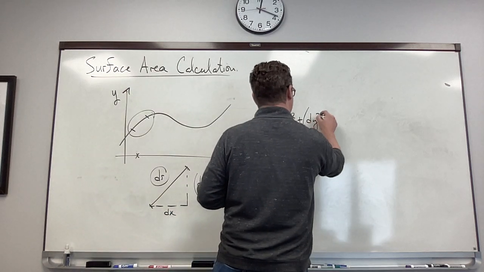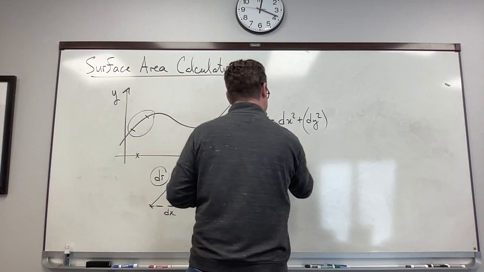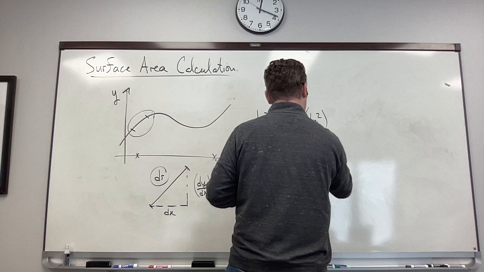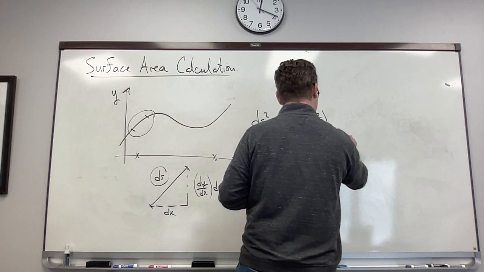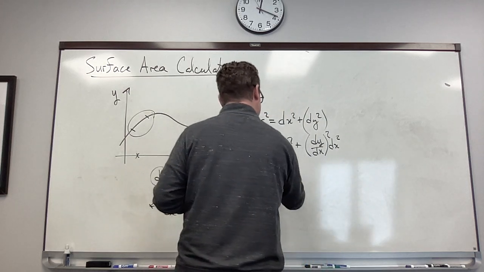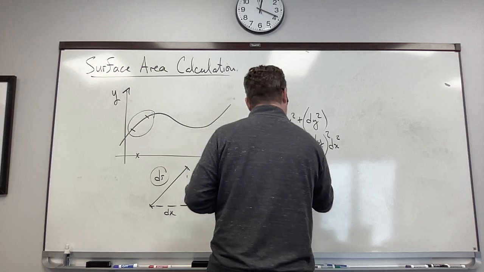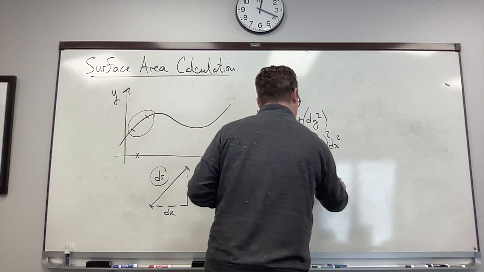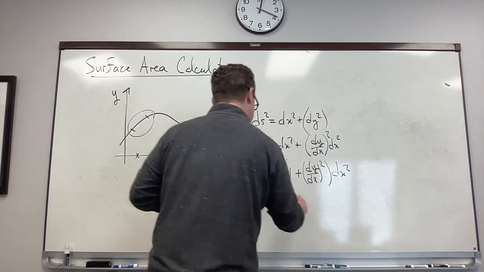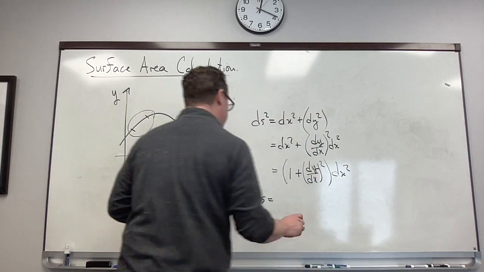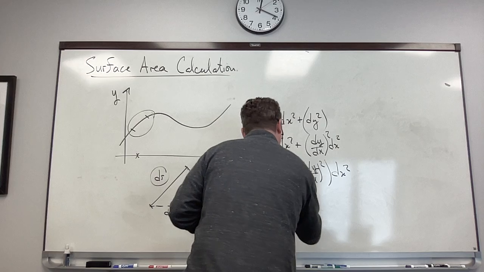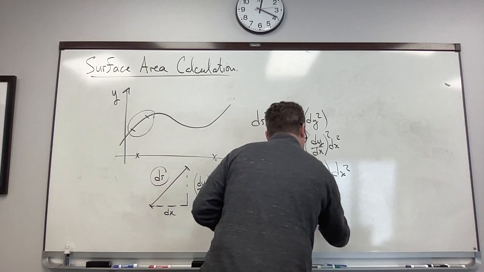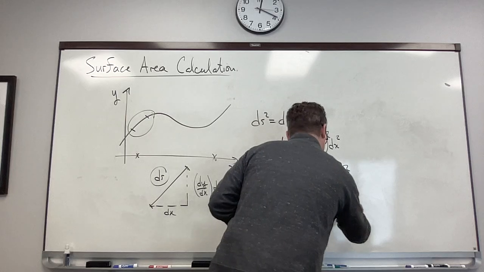And that is dx squared plus dy by dx squared, times dx squared. So this becomes 1 plus dy dx squared. So really our step contribution is the square root of 1 plus the derivative of our function squared, multiplied by the step size.